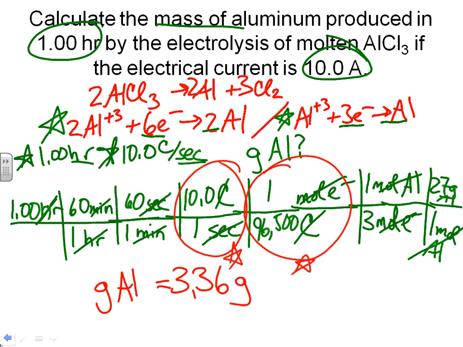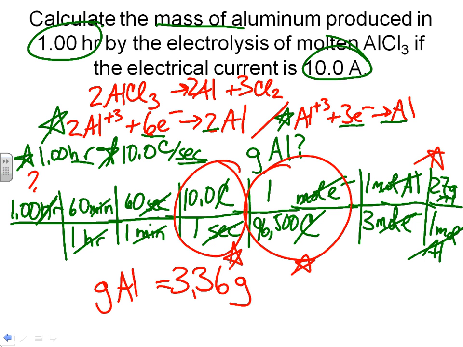Now, if we're going in the opposite direction, maybe I give you mass and I ask about something like time. Maybe I start here and I ask how long would it take. You just work backwards. Turn grams into moles, turn moles of substance into moles of electrons, turn moles of electrons into coulombs using Faraday's constant, and use coulombs to figure out amperage.